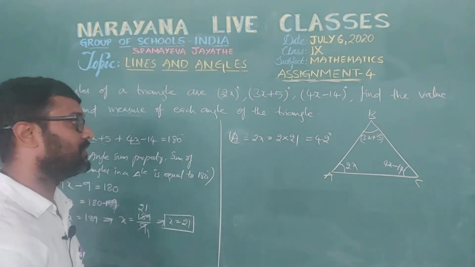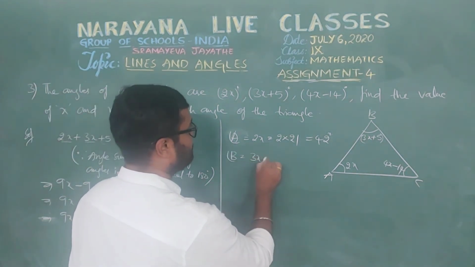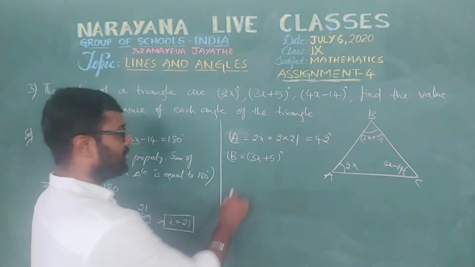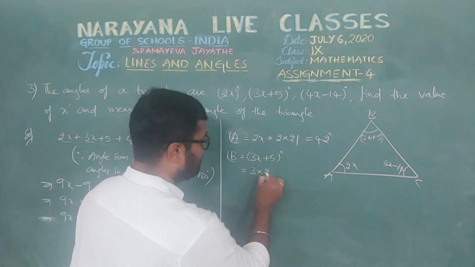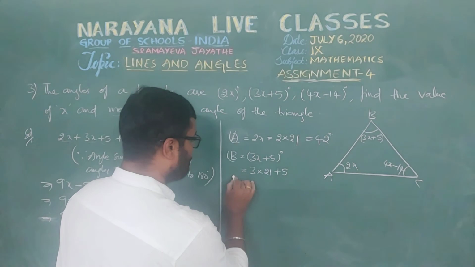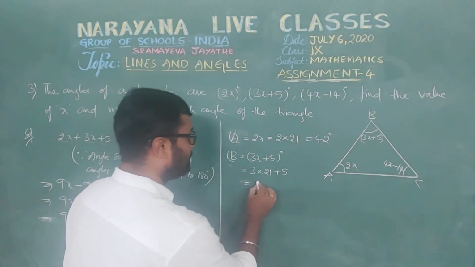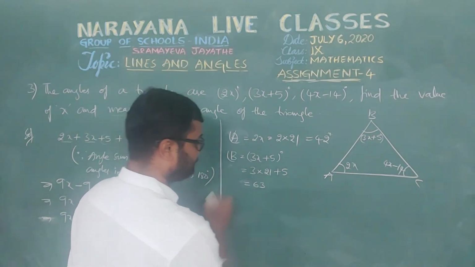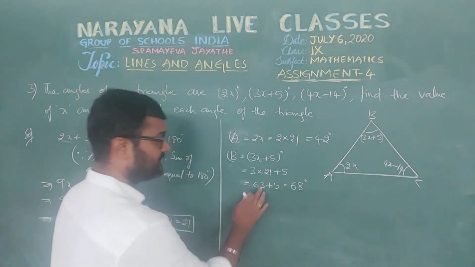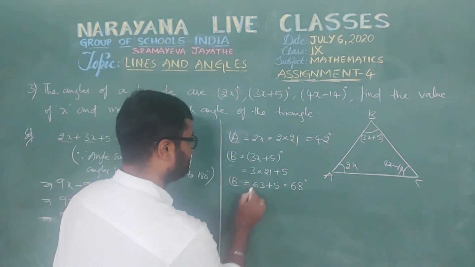Now angle B is equal to 3x plus 5 degrees. Now 3 into 21 plus 5. 21 threes are 63 plus 5, which is nothing but 68 degrees. That is angle B.